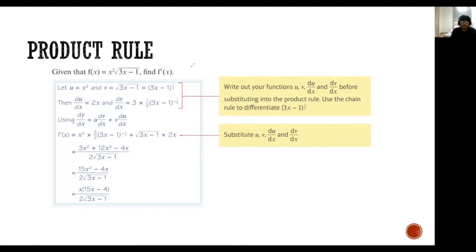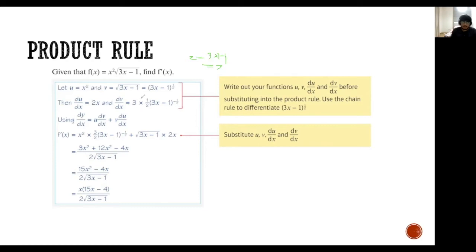Say that some variable, let's just say z, is equal to 3x minus 1. So this is us using the chain rule again. So when we differentiate this, we get 3, right? Because 1 into 3 is 3, 1 minus 1 is 0. This doesn't have any x value, so it's already 0. So what we're left with is 3.